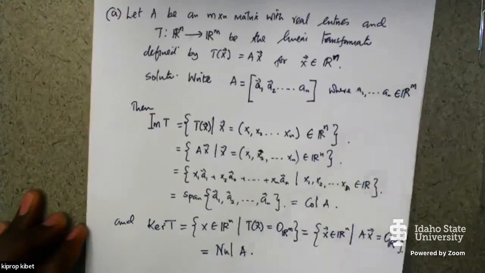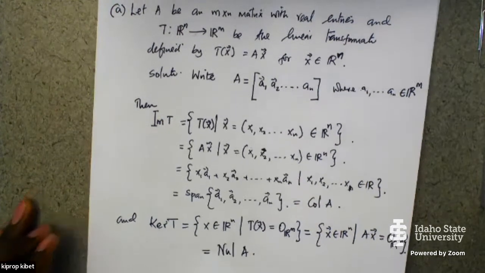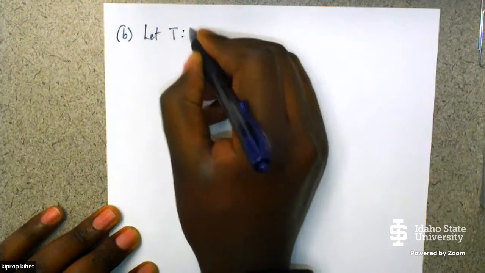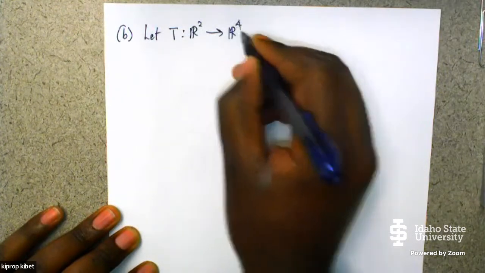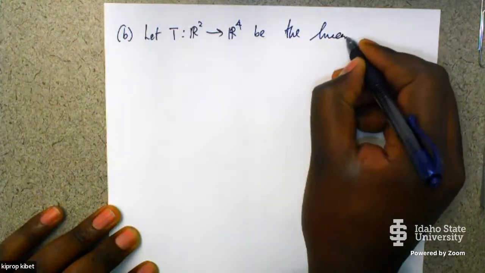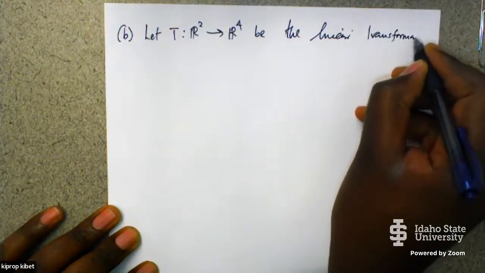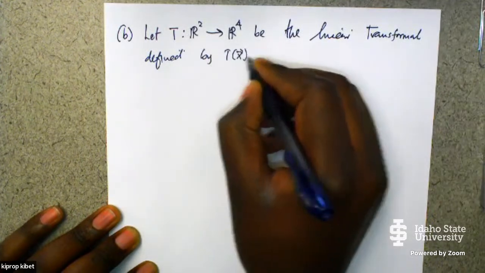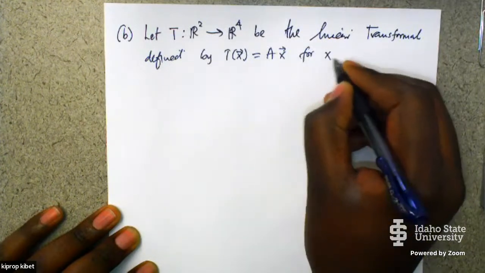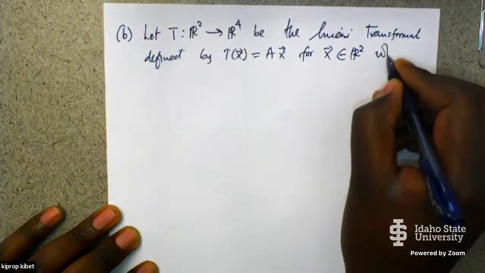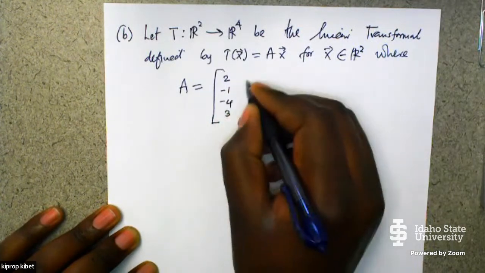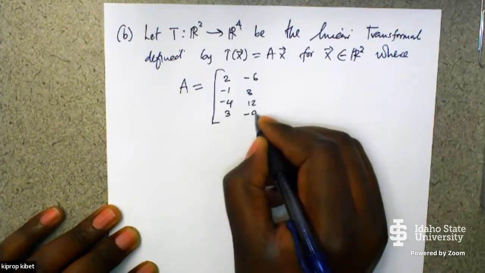Example number B. Let T from R2 to R4 be the linear transformation defined by T of X equals AX for X elements of R2, where A equals 2, -1, -4, 3, -6, 3, 12, and -9.